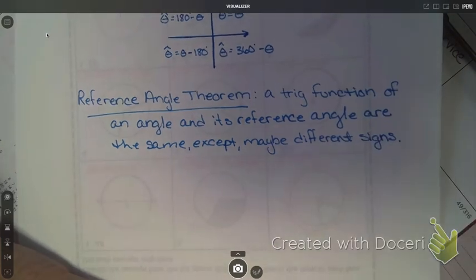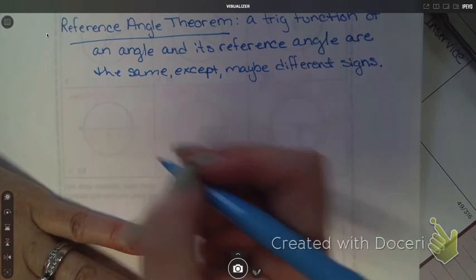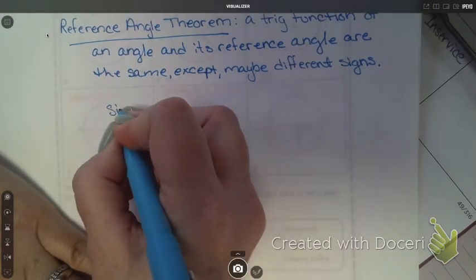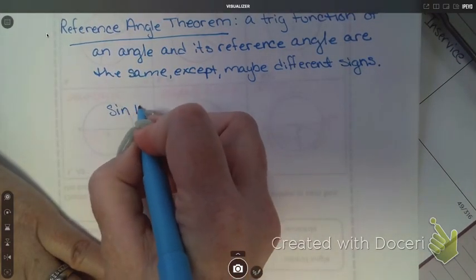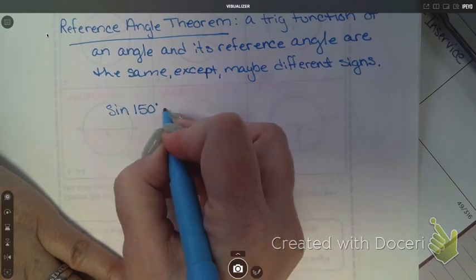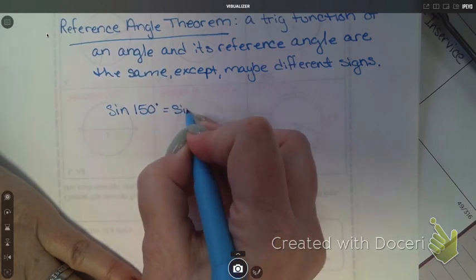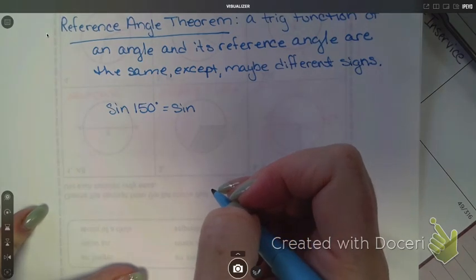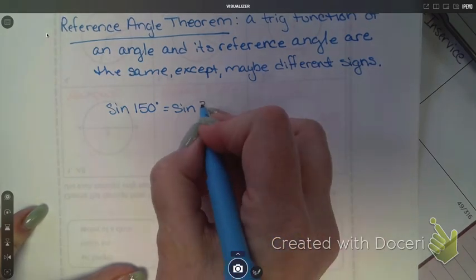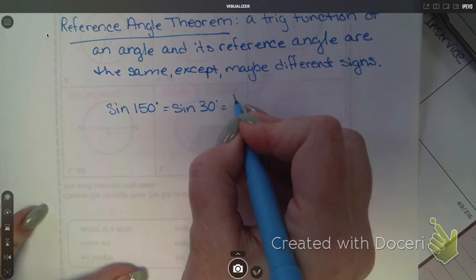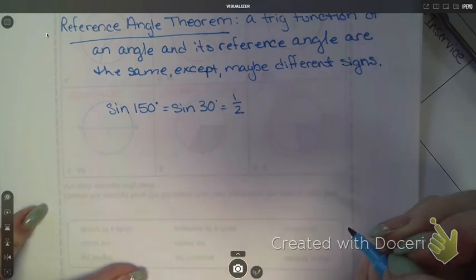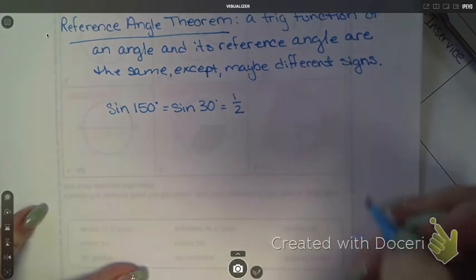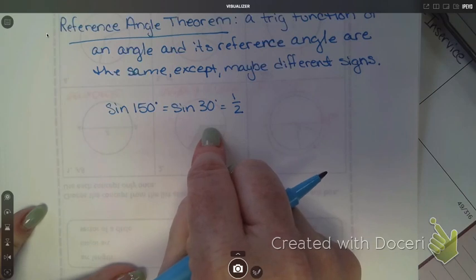Yeah. So we had a whole worksheet of the sine of 150 is equal to the sine of what? 30, which is 1/2, right? We did a whole worksheet of that, didn't we?